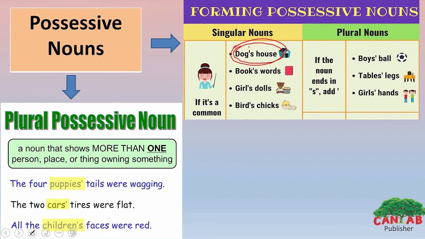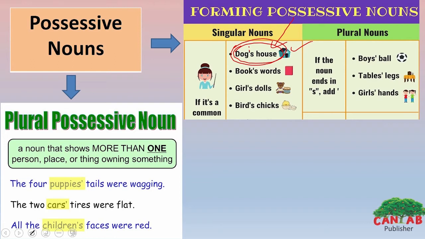The house belongs to the dog. The dog is the owner of his house. So this is called a possessive noun. A dog possesses a house. He is the owner of his house, and dog and house have a relationship.